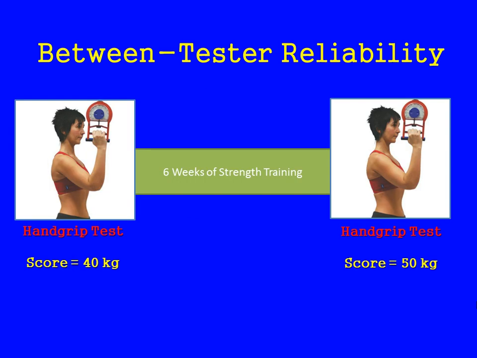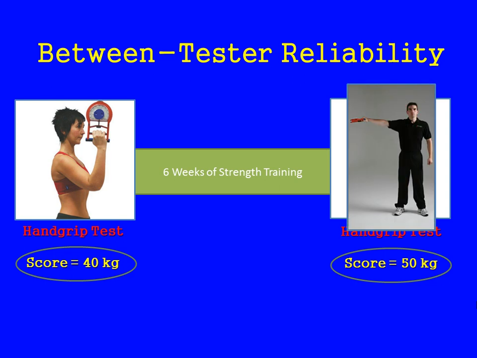We also have reliability issues if we use different testers. So for example, someone might conduct a hand grip test with the elbow at 90 degrees, as you can see in both of these pictures here. However, if a different tester was operating in week 2 when the client scored a higher result, maybe they scored a higher result because the client was asked to do the hand grip test with their arm out to the side, and that allowed them to get extra force.